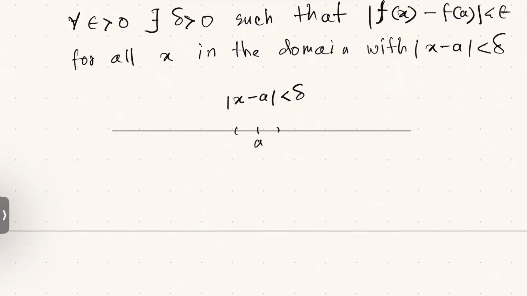And what is that? That is x belongs to the set of real numbers, because we are considering functions from the set of real numbers to the set of real numbers. Hence, x belongs to R such that absolute value of x minus a is less than delta. So this is the set that we are considering.